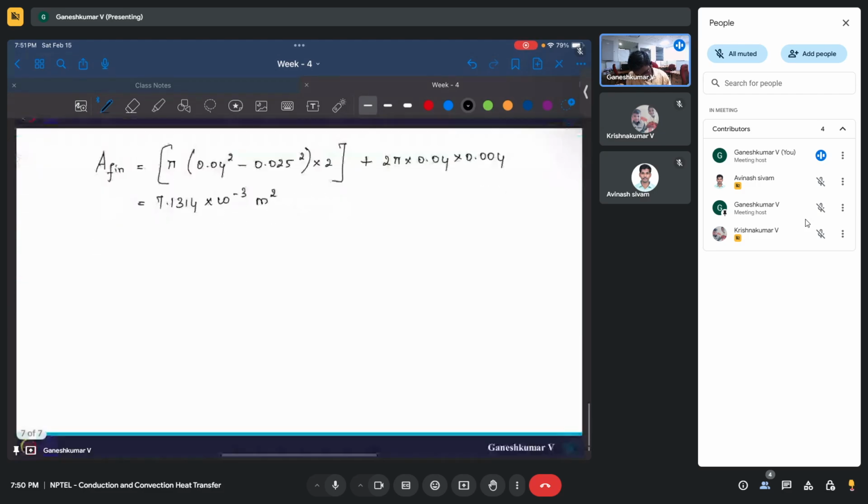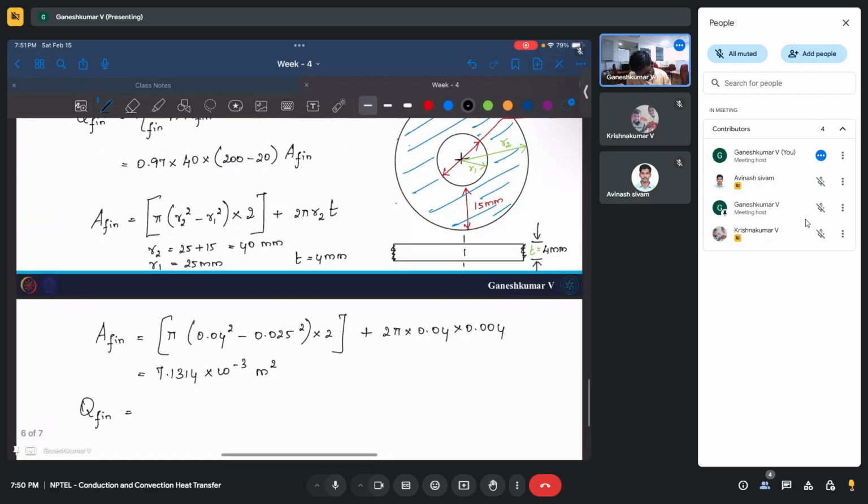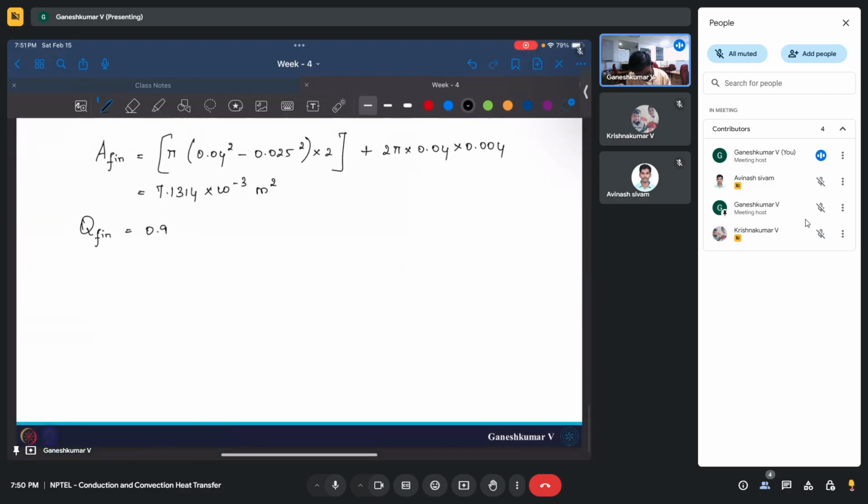Now if I substitute all the numbers, 0.97 times 40 times 180 times 7.1314 times 10 power minus 3, I'm getting something like 49.8 watts. This is the amount of heat transfer that we get from the fin.